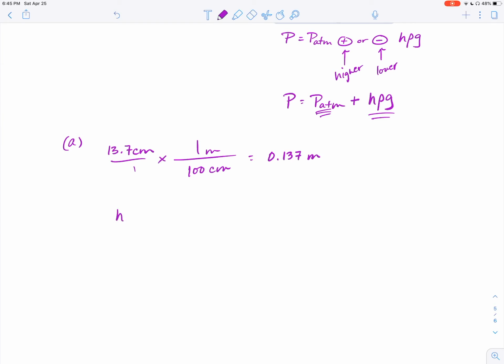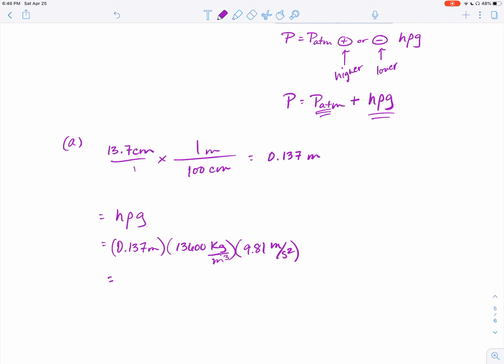So H times density times gravity, this value equals the height, 0.137 meters. And again, previously we've already converted the density of mercury before, so we're going to use that value of 13,600 kilograms per meters cubed, and then times our constant of acceleration due to gravity of 9.81 meters per second squared.